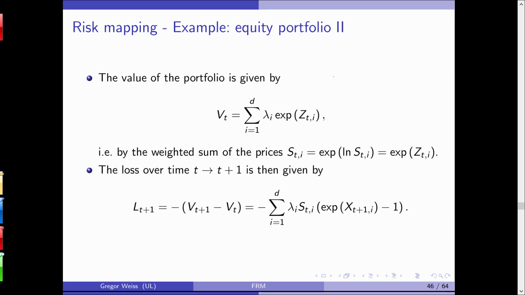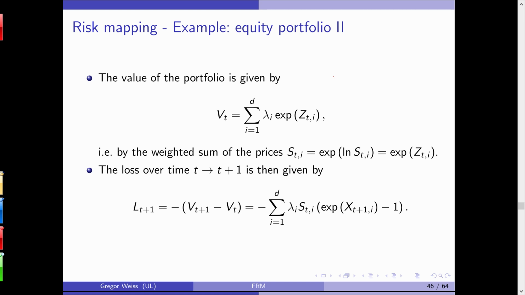Okay. Now the value of the portfolio is given by V_t equals the sum of lambda i, the number of stocks in the portfolio, times the exponential function of Z_t, that is the weighted sum of the prices. Remember that if you insert the logarithmic price in the exponential function, you will get the exponential function of the actual risk factor.